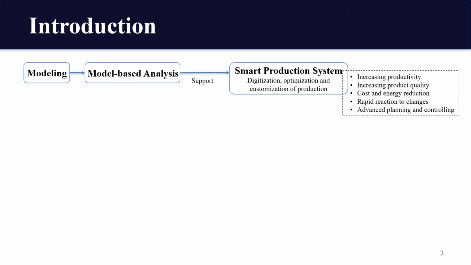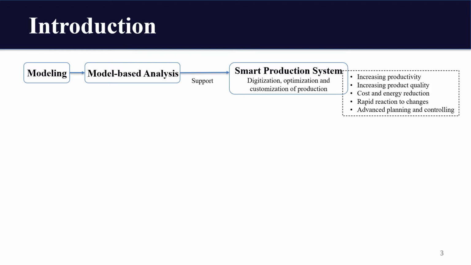With the development of Industry 4.0, model-based analysis plays a more and more important role in manufacturing research. We build valid models to capture the behaviors of job flow in production systems, and then the model-based analysis supports our smart production system.